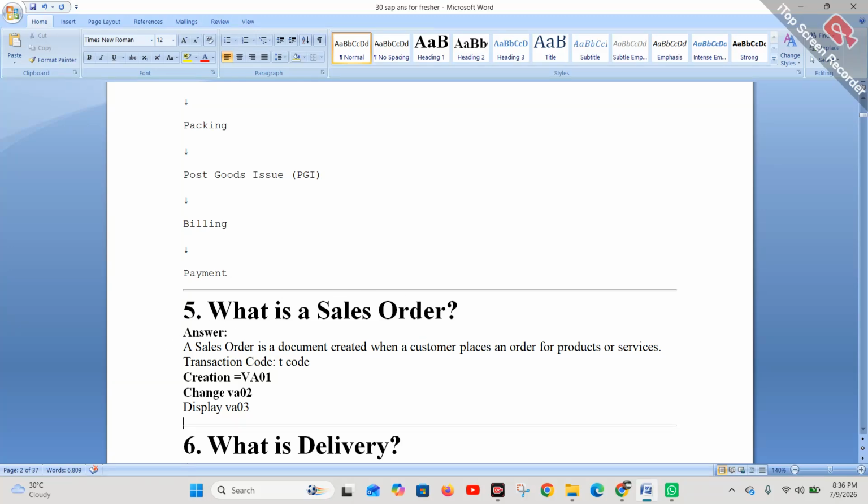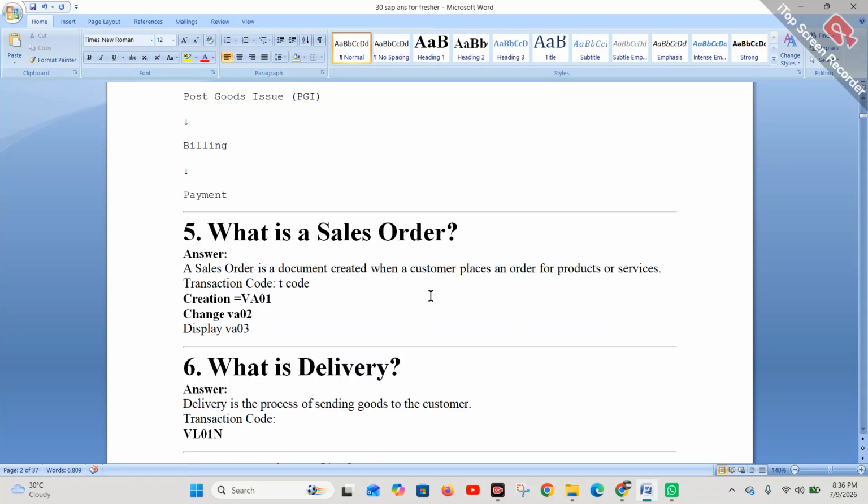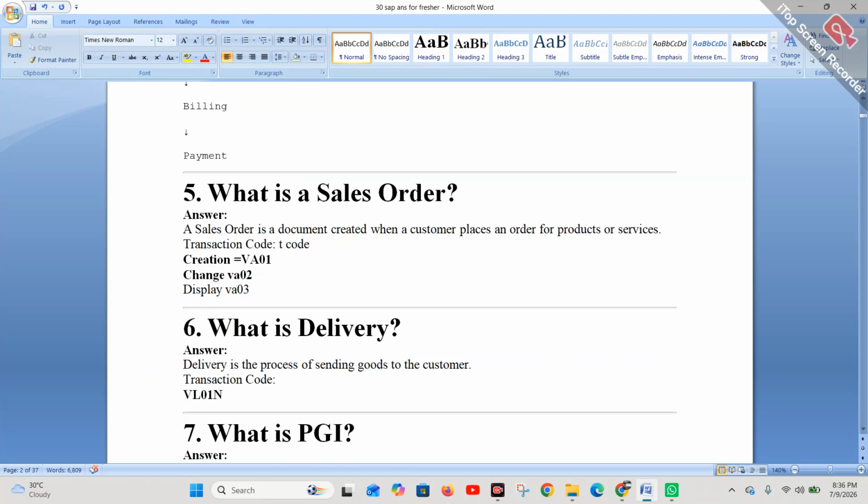Okay. So after sales order, delivery is there. So what is delivery? Delivery means the process of sending the goods to the customer's place. Once the sales order is created, SAP generates the delivery document with the transaction code VL01N.